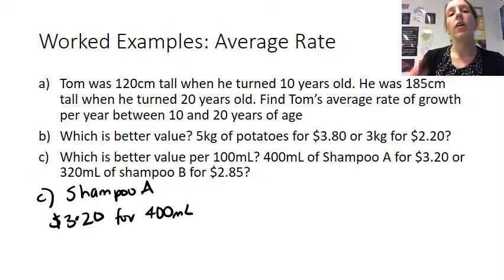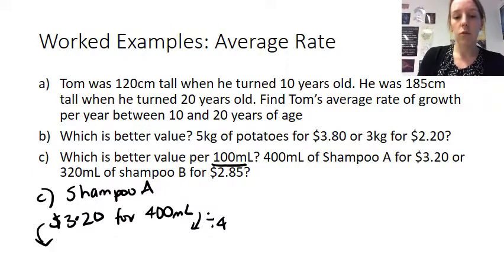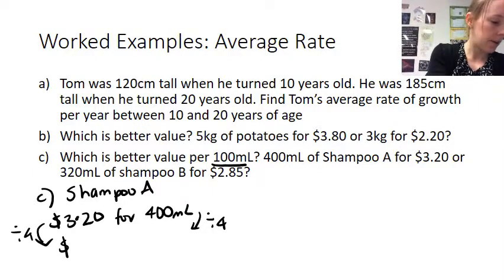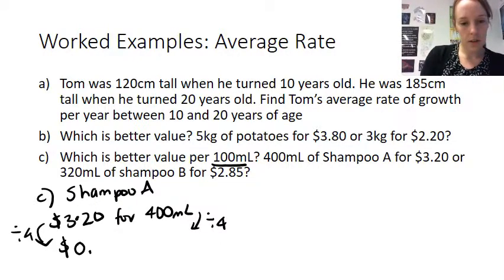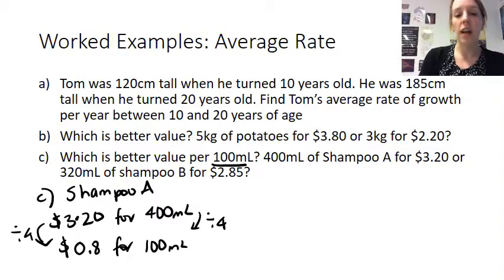So again, we're going to work out price per 100 mils because that's what the question asks us to do. So we're going to divide by 4 to work out the price for 100 mils. So it's 80 cents for 100 milliliters for shampoo A.